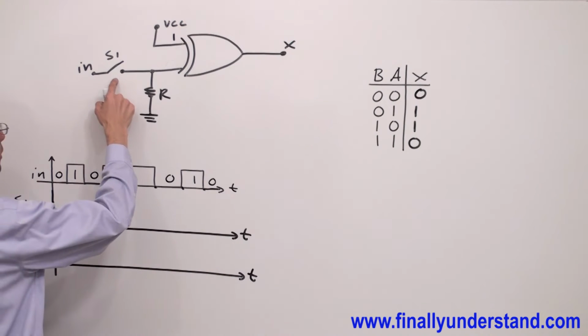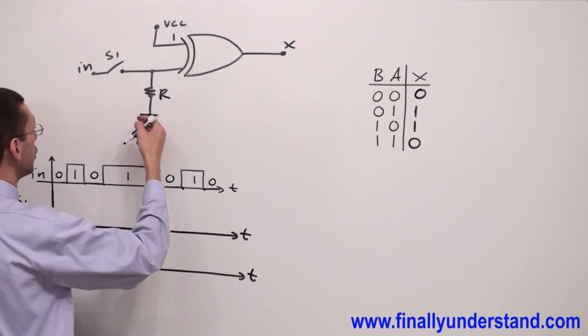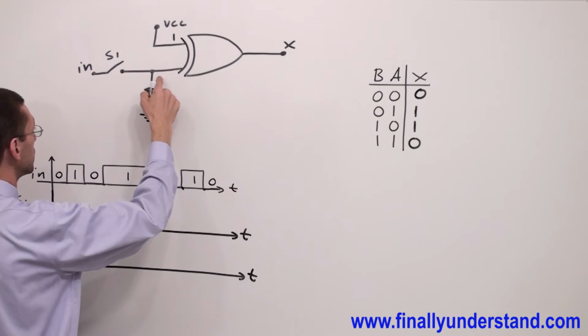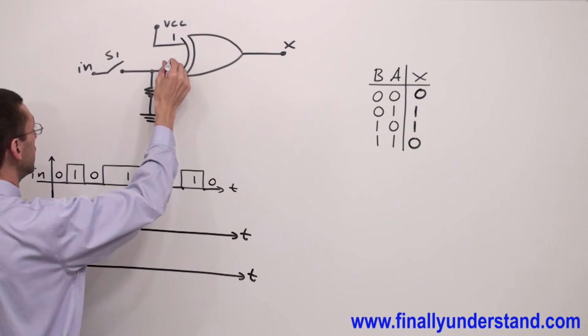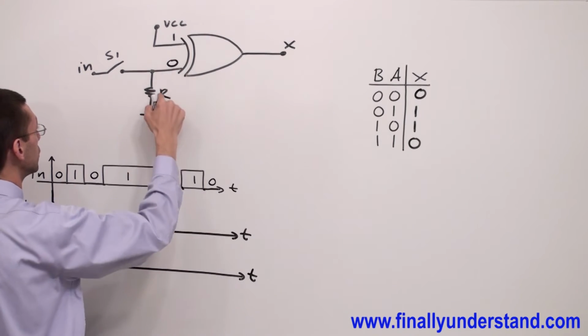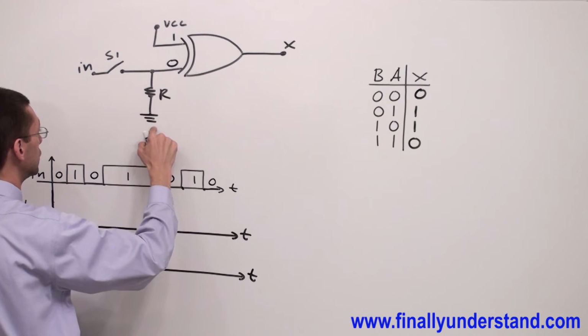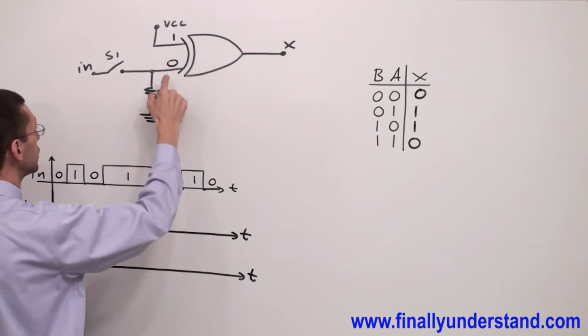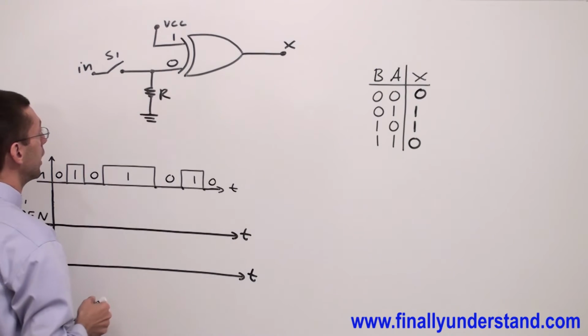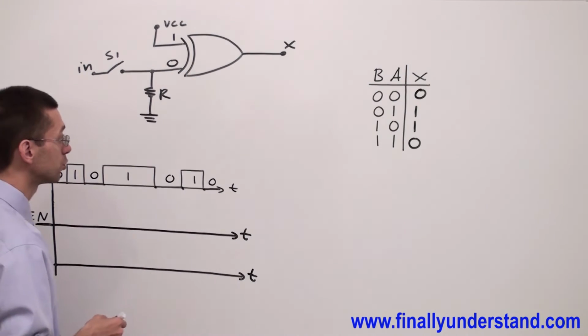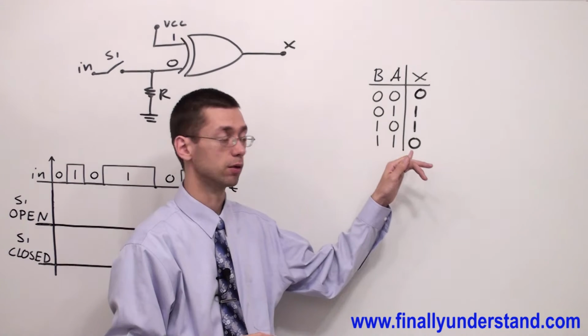Because the switch is open, I'm going to simply have always 0 over here, because this pull down resistor is connected to ground and this connection gives me logic 1 at this input. Next, you're supposed to look at the truth table.